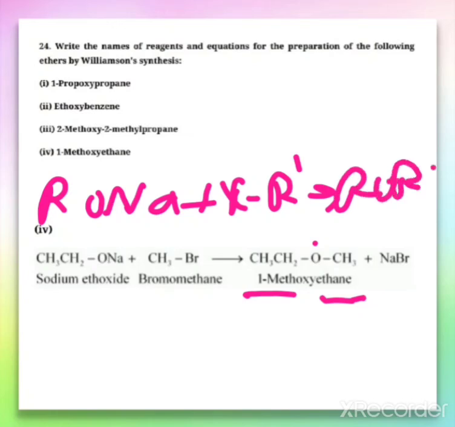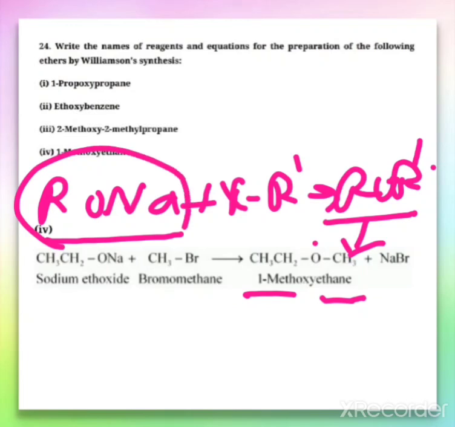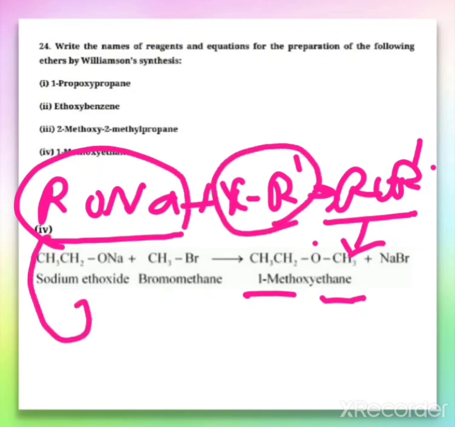Once you have compared this with the product, you can easily identify which part is R and which part is R dash, so you can easily frame the reactants as given.